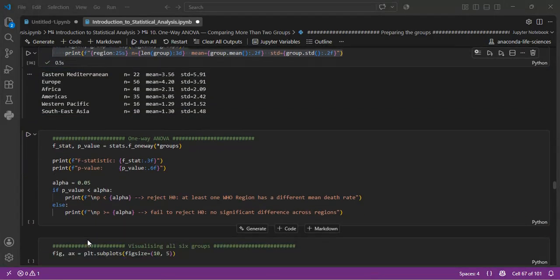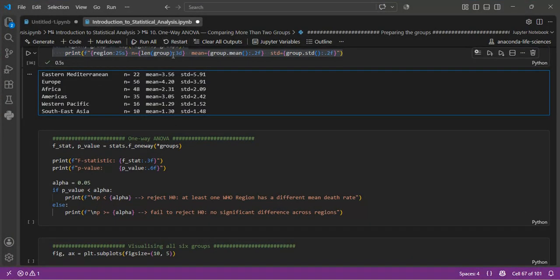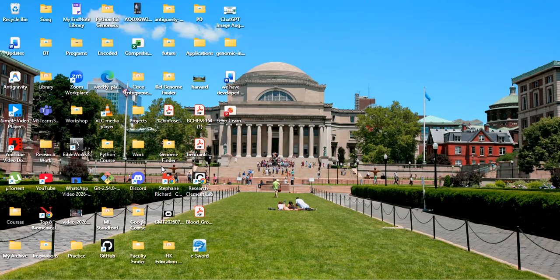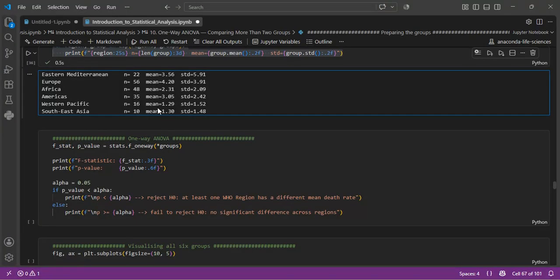So once we are done, we've had this particular data, we can actually use it to calculate our one-way ANOVA. And this is the implementation.